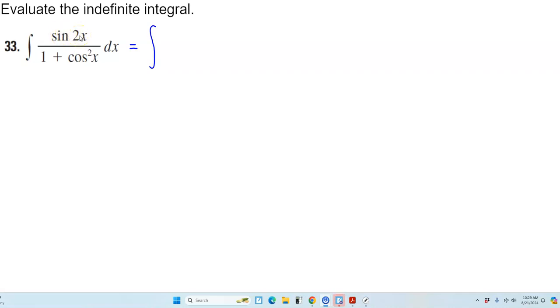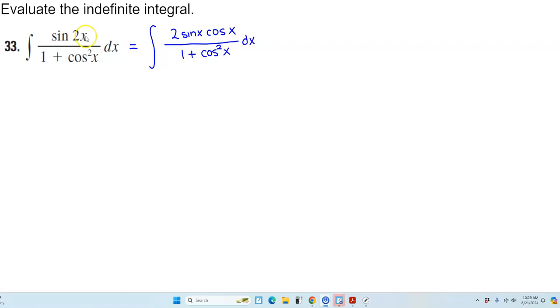So we have sine of 2x. Well, sine of 2x is the same as 2 times the sine of x cosine of x over 1 plus the cosine squared x dx.